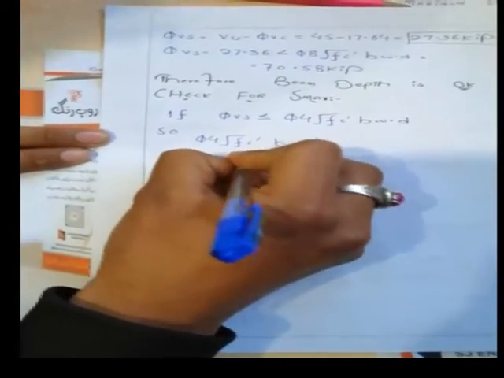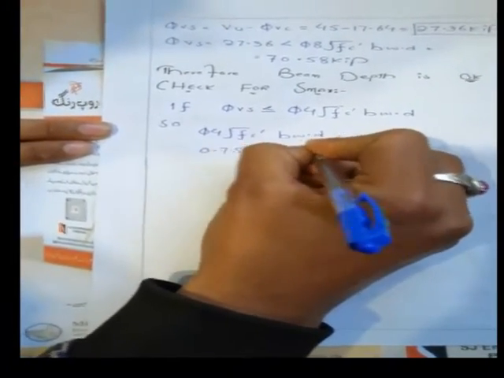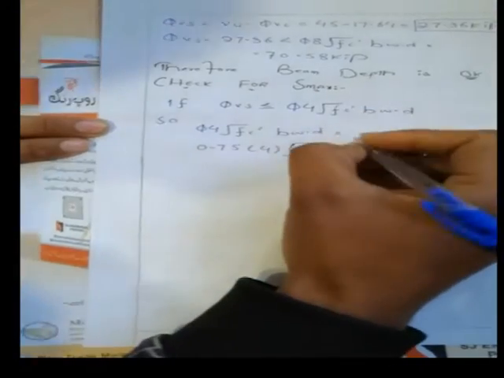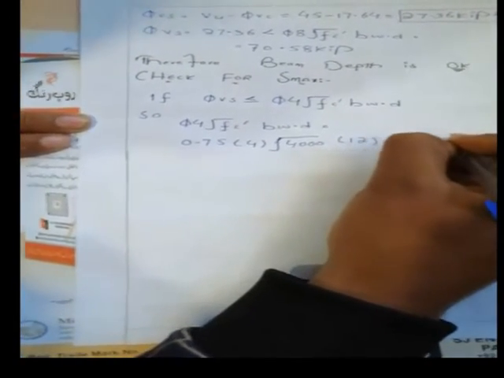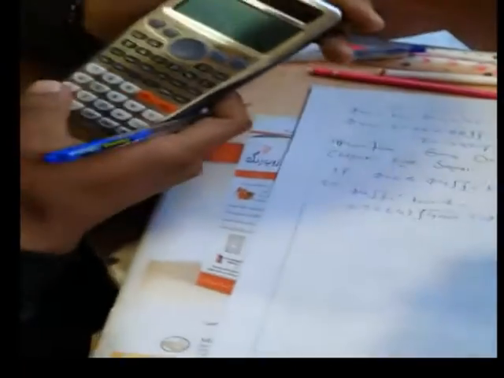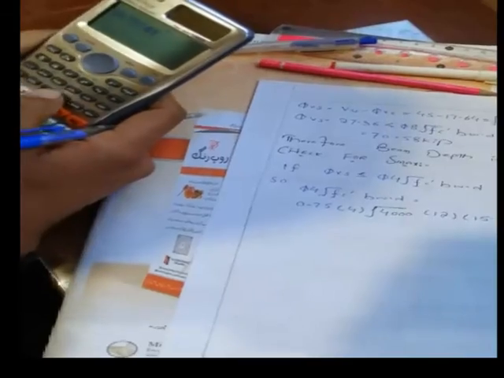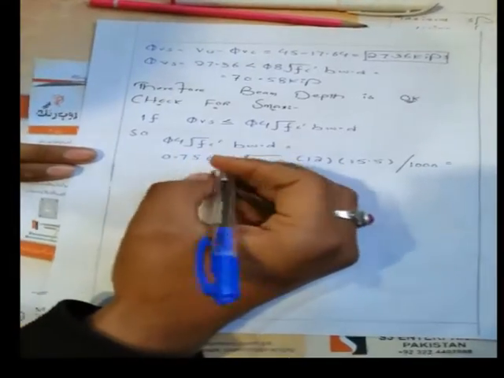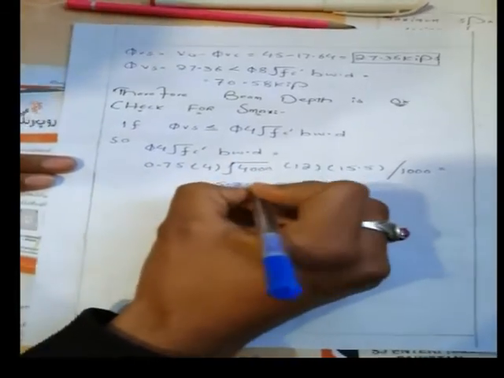Simply putting in the values, 0.75 into 4 under the root 4000 into 12 into 15.5, dividing by 1000 to get the value in kips. Just a simple calculation here again. The value which comes from this is 35.29 kips.